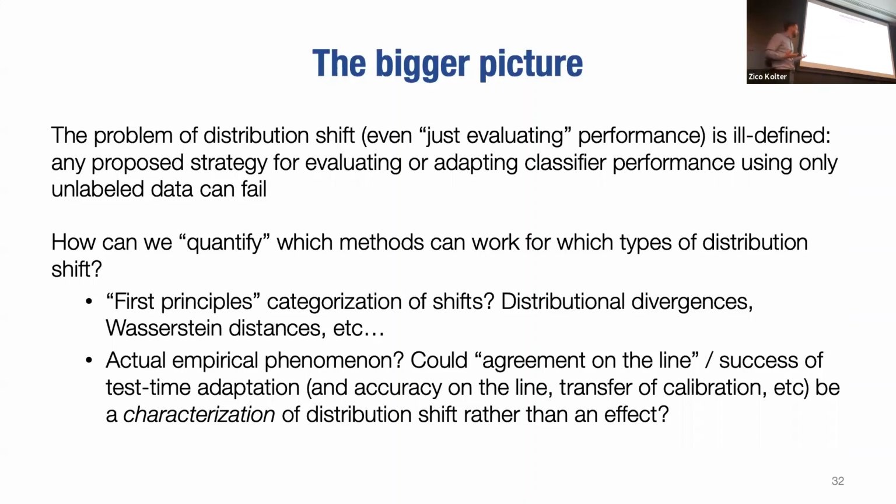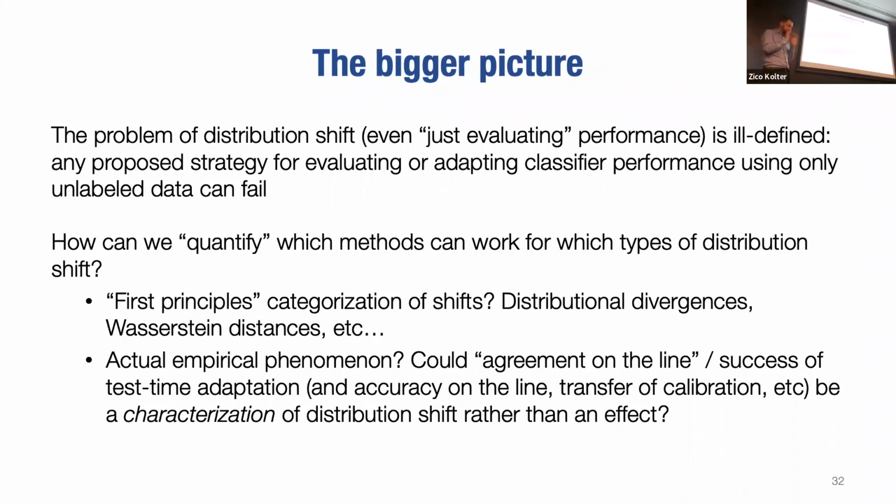And so I would just say, properties like agreement on the line. You could ask the question, what shifts lead to that? Or you could define the shifts as having that property or not.